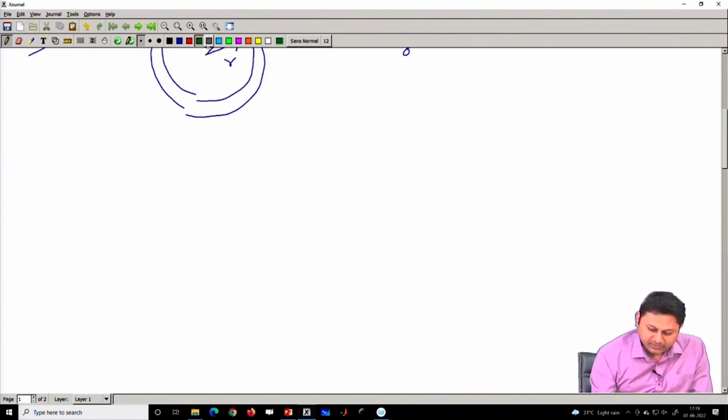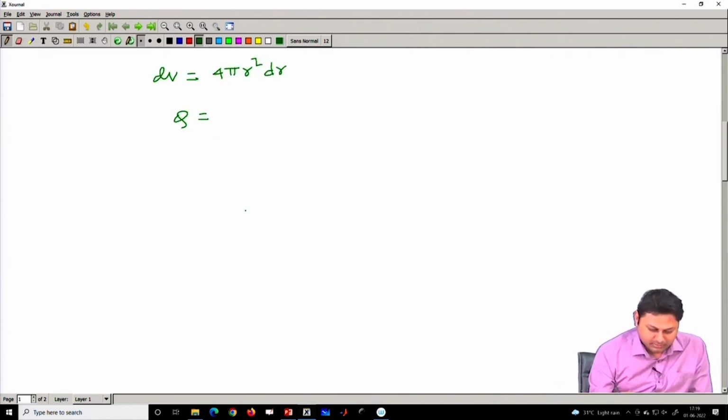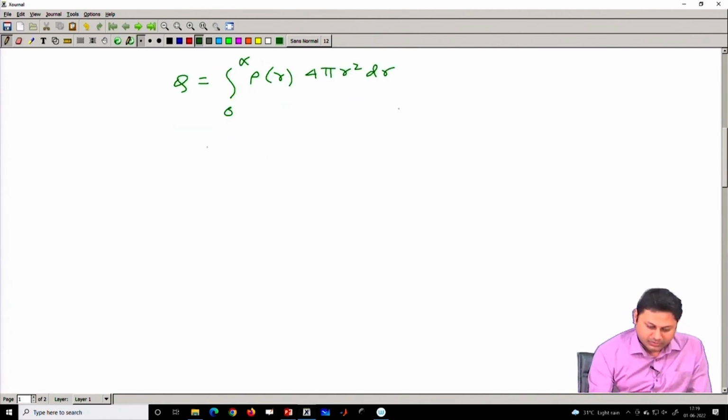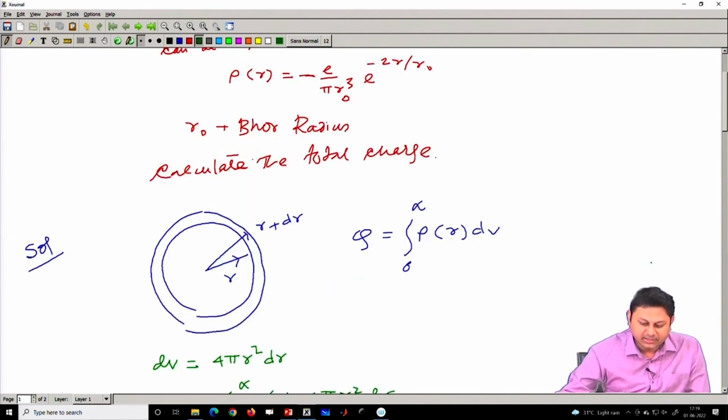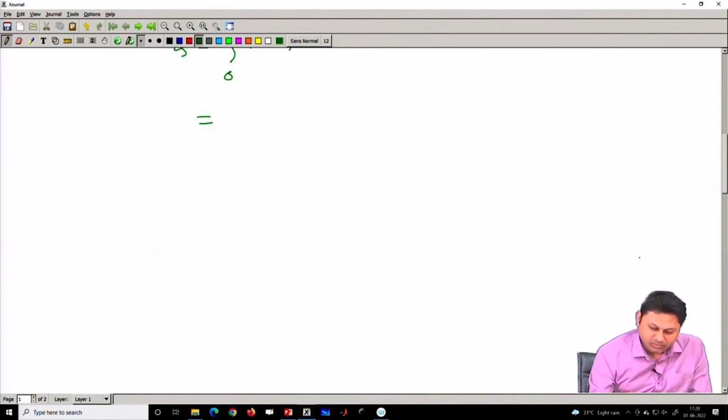So, here dV is 4 pi r square dr, and then q is the integral from 0 to infinity of rho of r times 4 pi r square dr. If we put in the value of rho, which is minus e divided by pi r naught cubed, this quantity I can take outside.